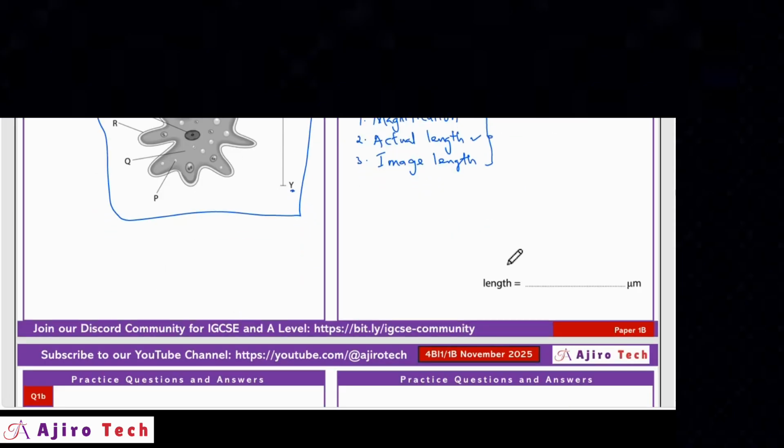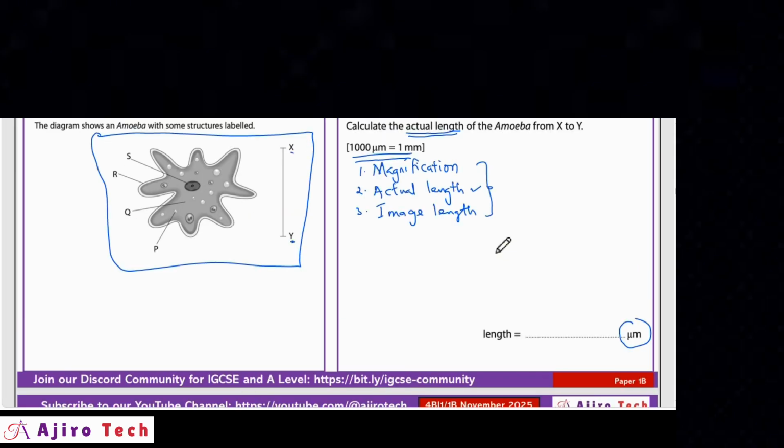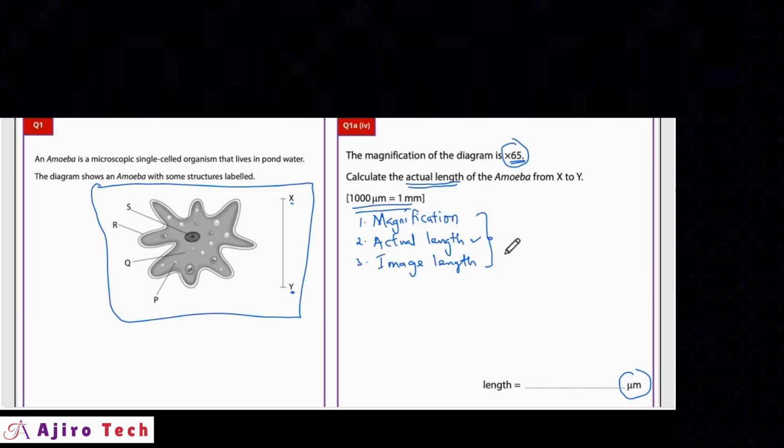Let's look at what the instruction states. The instruction wants us to get an answer in micrometer. If your ruler only has centimeter and inches, I will advise you to measure in centimeter, then multiply by 10,000.